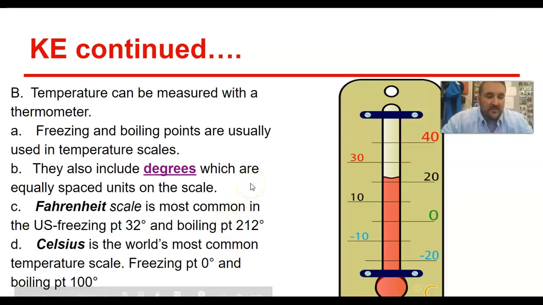Temperature can be measured with a thermometer. A thermometer works on something called thermal expansion. Freezing and boiling points were the original setup of a thermometer. On the Celsius thermometer, freezing of water is 0, the boiling of water is 100. On a Fahrenheit thermometer, which we use here in Pennsylvania and in the United States in general, the freezing point of water is 32 and the boiling point is 212.